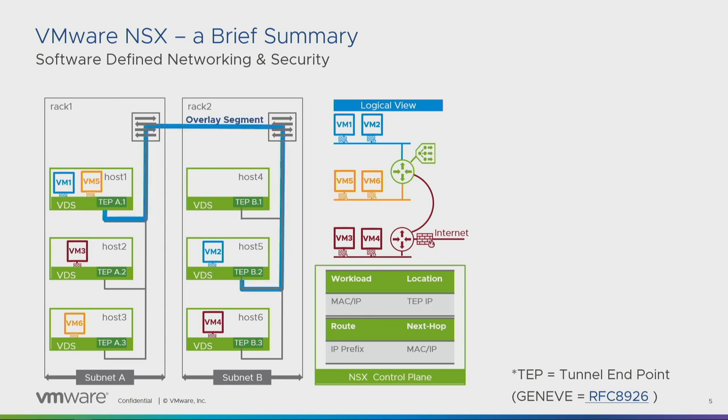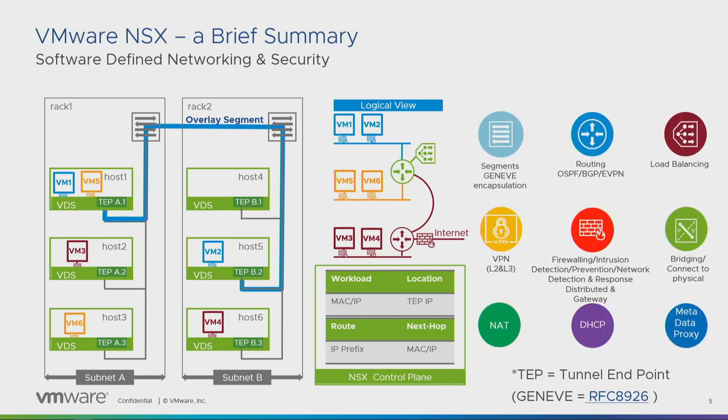So if VM1 wants to talk to VM2, host number 1 will encapsulate that packet into a so-called Geneve tunnel. It doesn't really matter whether it's Geneve or pigeons or any other tunneling mechanism, but we are using Geneve inside NSX, as that's the only IETF standardized tunneling mechanism for overlays.